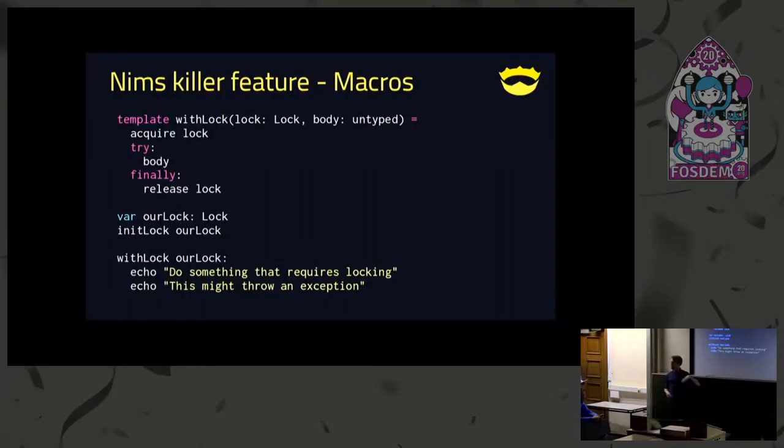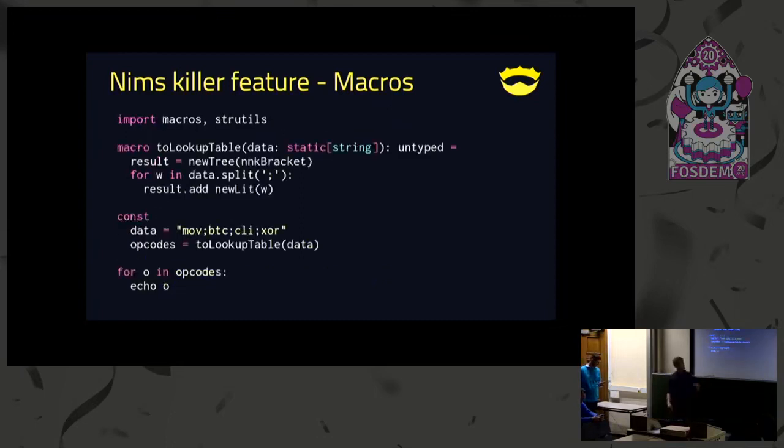But otherwise the body is the same. In a macro like this, we create a new tree, like a new DOM or a new AST tree, and then we add nodes into that tree. So the code that actually comes out is not the code that you see here, but the code that you generate through the AST.